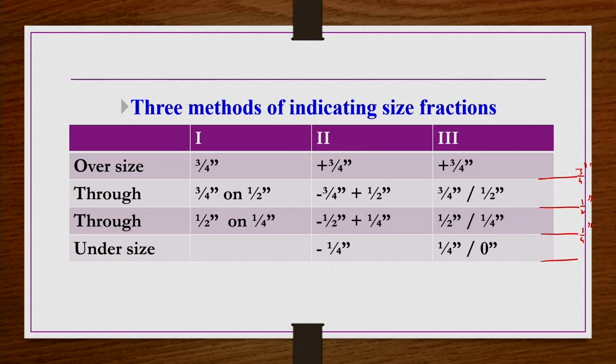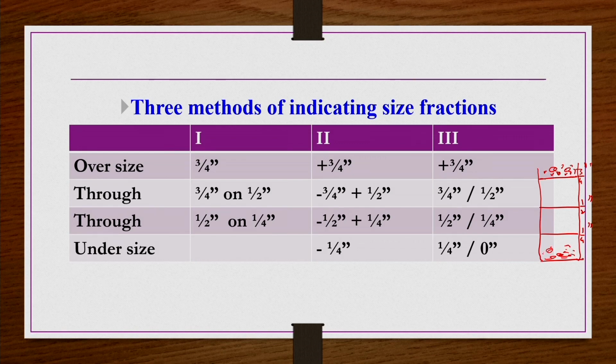So, oversize material is the one that is retained on the 3/4, that is the coarsest opening screen, and undersize is that which is collected below the 1/4 inch, in the pan. Okay. There is a representation for this one.